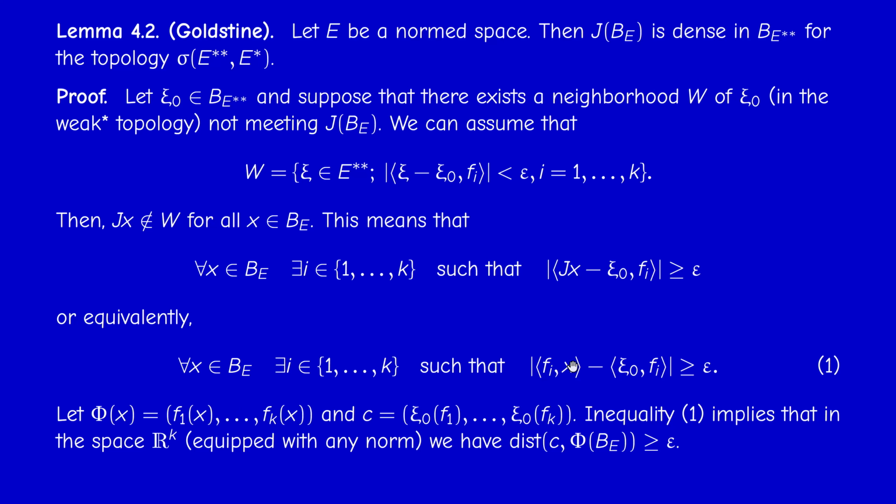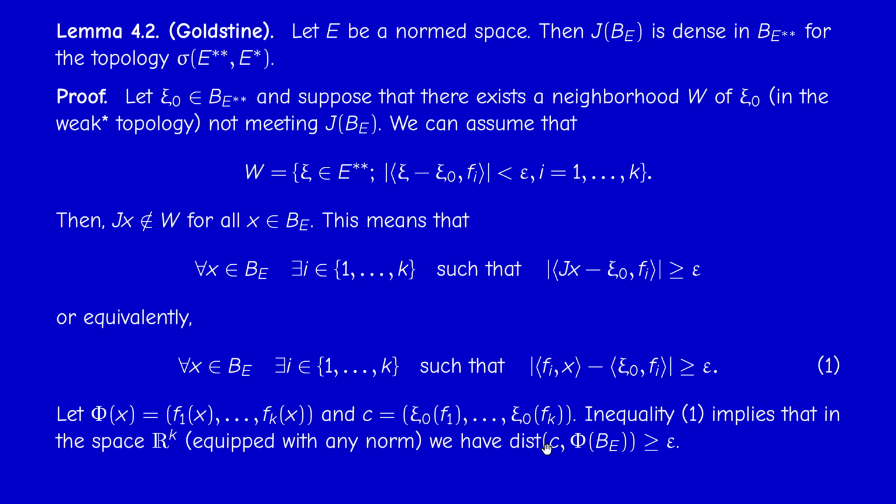Okay. Now, this condition states that the distance, so equip here Rk with any norm you like. You can take the Euclidean norm if you like. So if the distance between one component of phi of x to the corresponding component of C is bigger or equal than epsilon, this means that the distance between phi of x and C is at least epsilon.